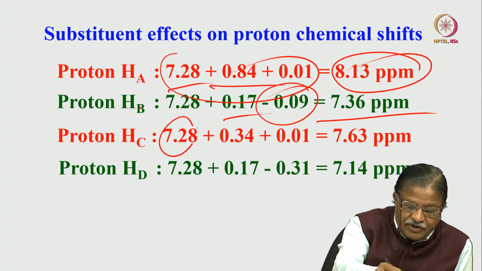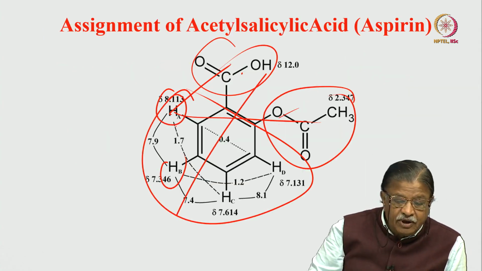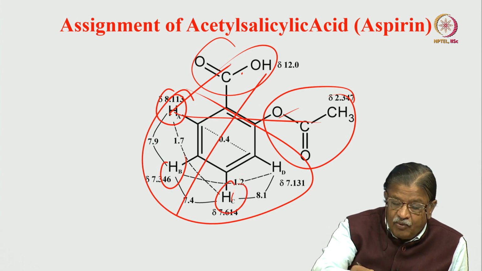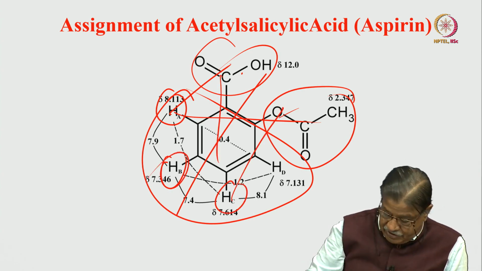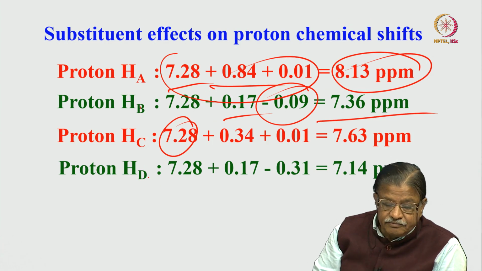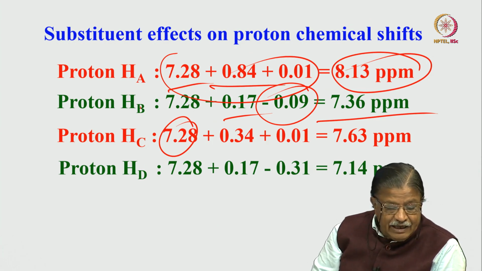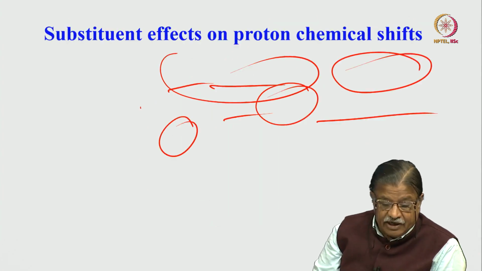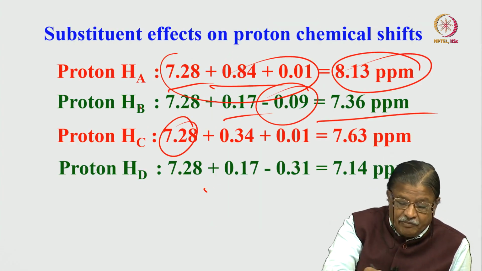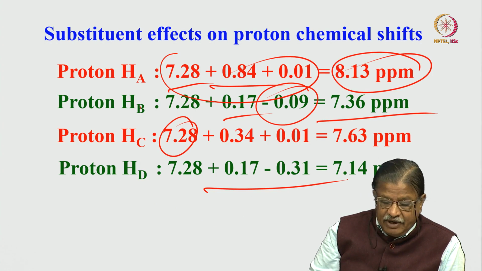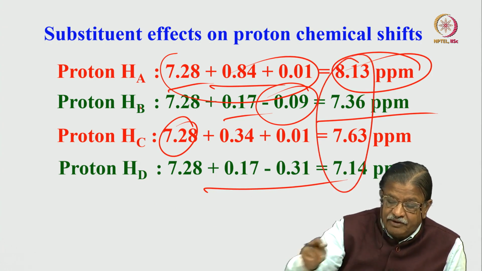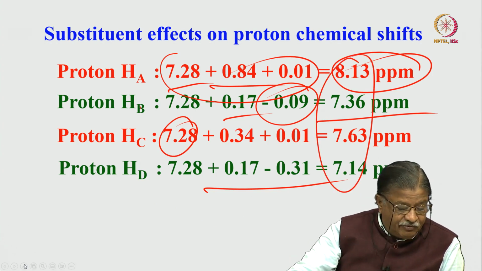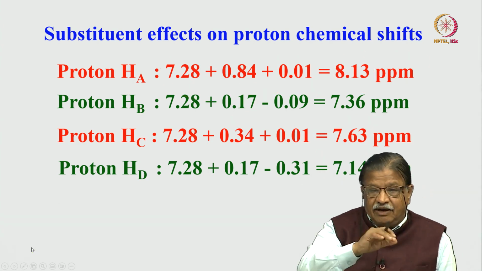Similarly, work out proton C. Proton C has one in the meta, one in the para, similar to B only. Exactly, you work it out. And then, of course, remember the substituents are different, so values are different, they need not be the same. Finally, for proton D, this is the value you get, and these are the predicted values. All the predicted values for all the 4 protons we could do using the table.